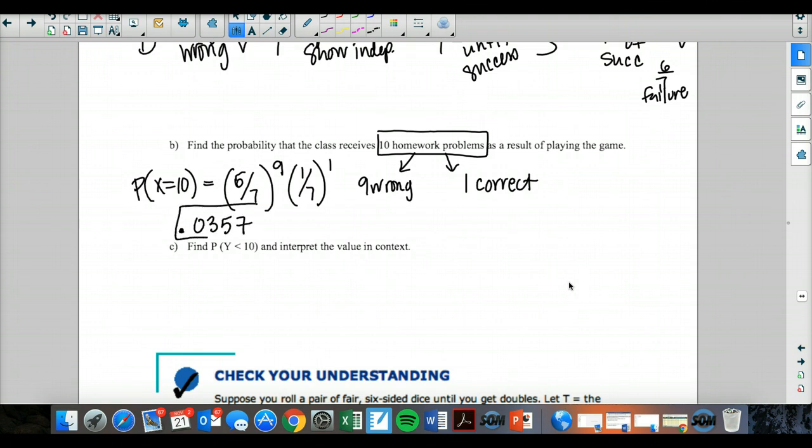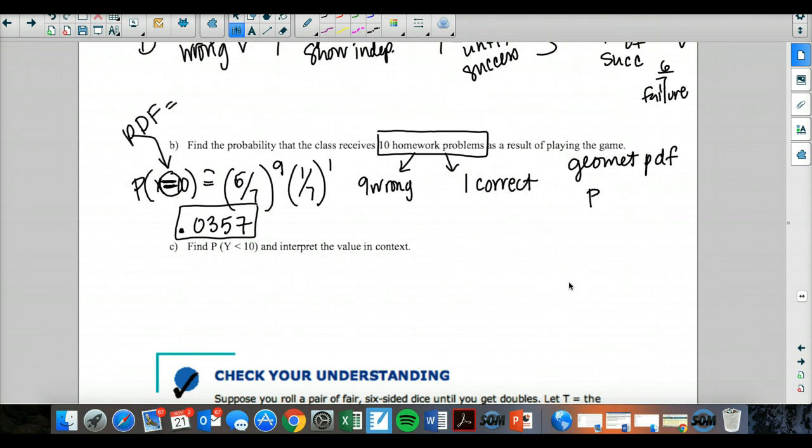So I got 0.0357. Now, let's go ahead and check it with a geometric PDF. So I'm going to go into my calculator and go second vars, and I'm going to go down to geometPDF. And it's a PDF because this is an equal to 10. PDF because of the equal to.